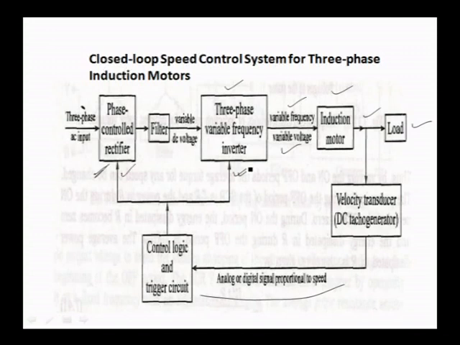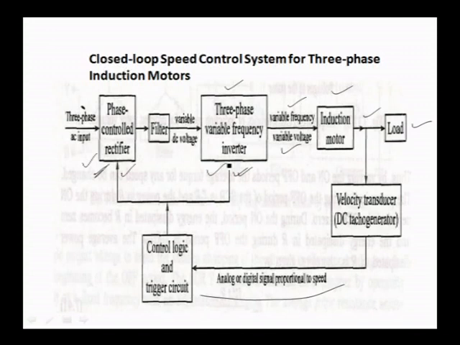So, this is a block diagram of a closed loop system. In a closed loop system, whenever the speed departs from your set speed or desired speed, we get an error. The speed is measured, and the error will drive this control logic and triggering circuit. Accordingly, it will vary the firing angle of this phase control rectifier and the firing angle of this inverter.